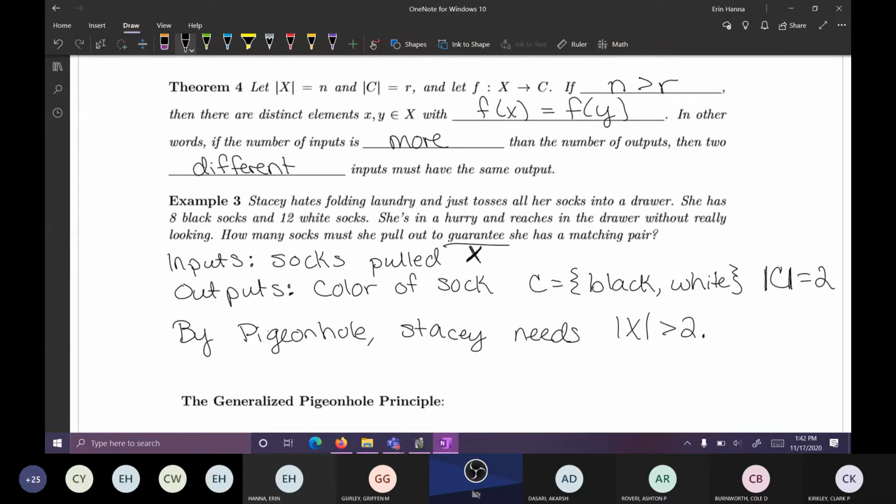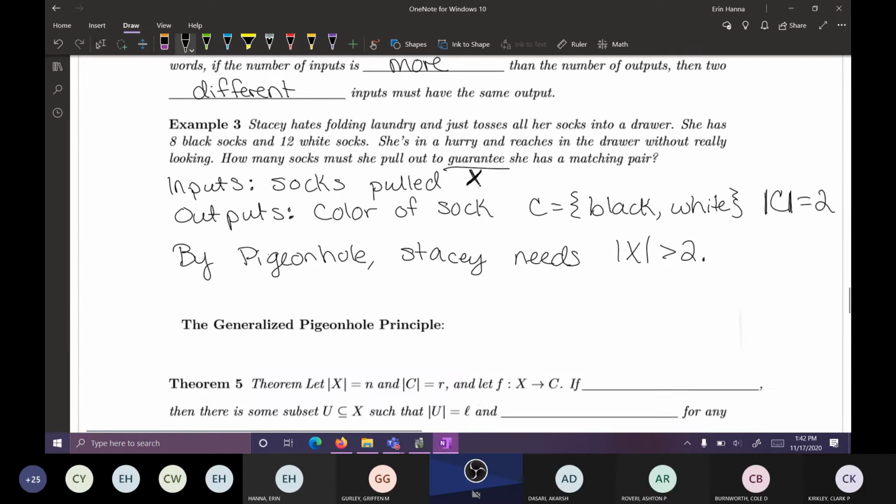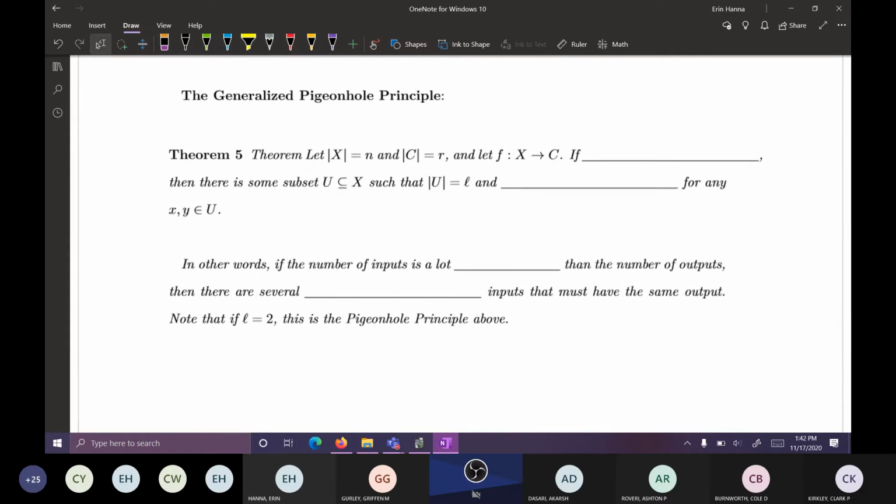Now, again, that's the starting statement for the pigeonhole principle, but we can extend it a little bit. We can generalize it. So the generalized pigeonhole principle, which looks a bit more notationally scary, essentially starts off the same way. Anyway, we're still going to let the amount of elements in the inputs be n and the amount of outputs be r.